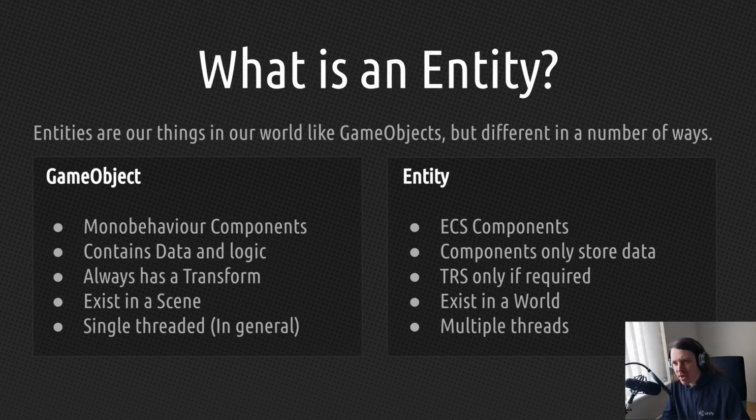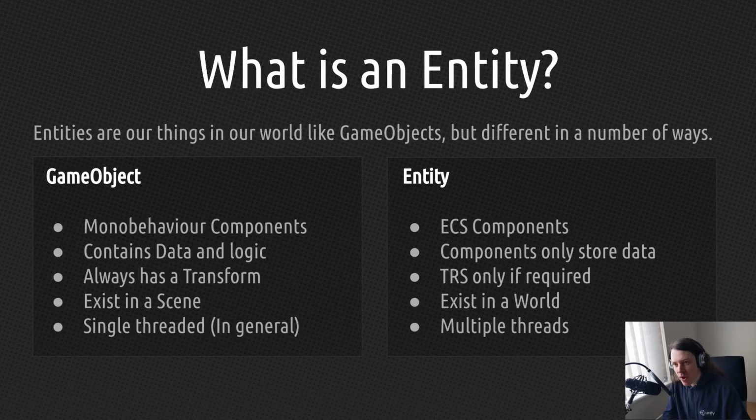So firstly, you might ask yourself, what is the E part of ECS? What's an entity? Well, entities are our things. You can think of them like a game object, but they are different from a game object in a number of ways, and they're not interchangeable. Game objects are made out of various components, but those components are mono behaviors, and mono behaviors contain both data and logic.